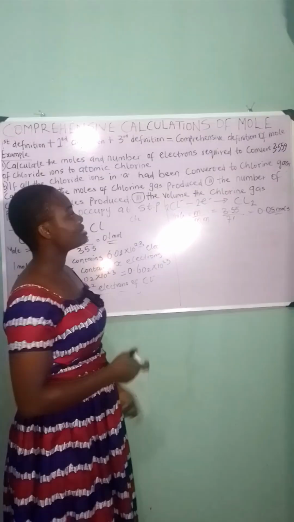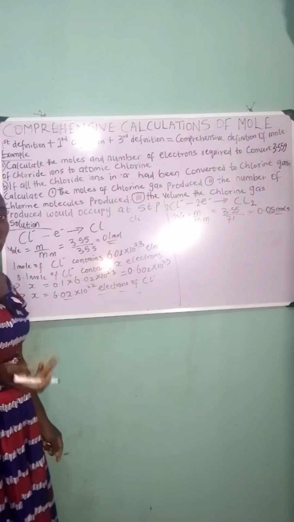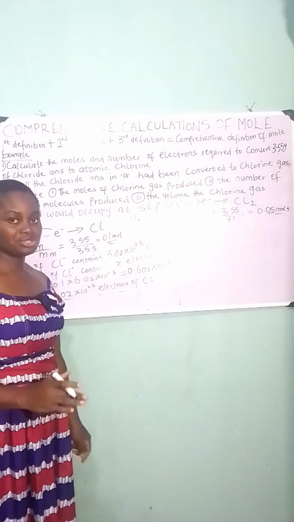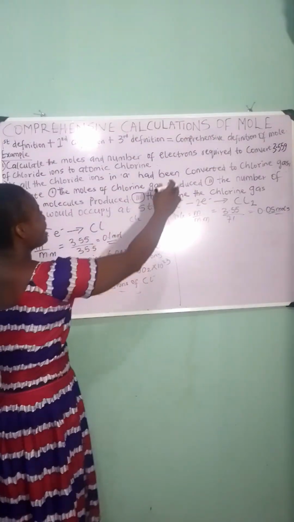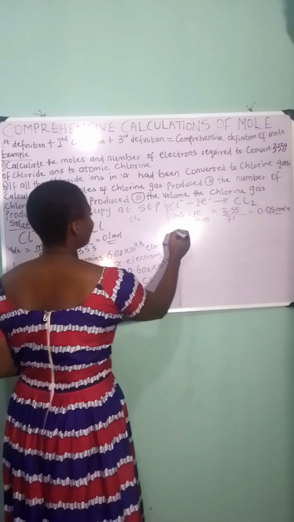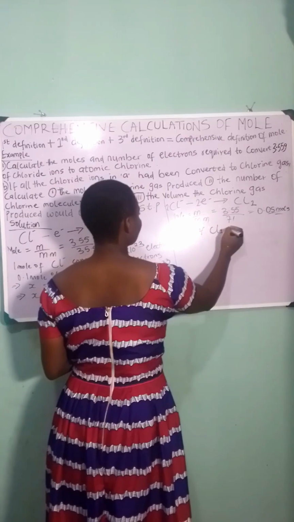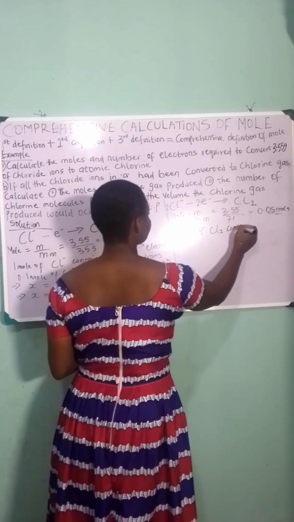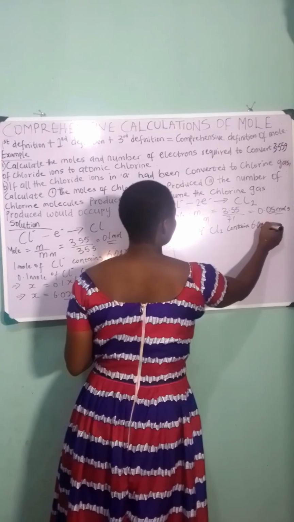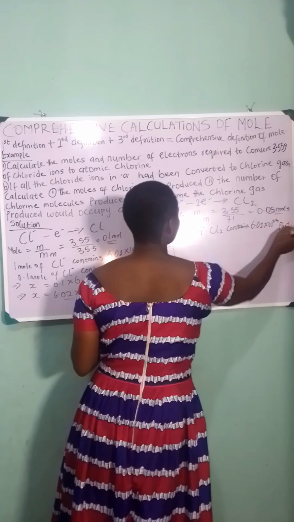Now the second one says the number of chlorine molecules produced. We establish the stoichiometry relationship. Are you getting me? And use it and solve it just as we did here, okay? Now we say 1 mole of chlorine gas contains 6.02 exponent 23 particles.